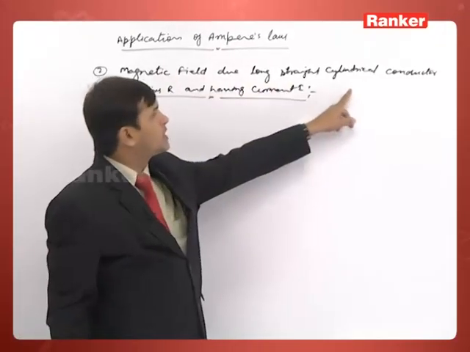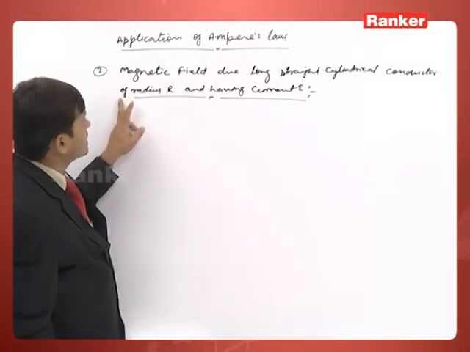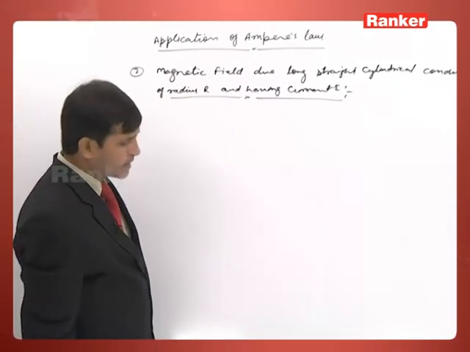Magnetic field due to long straight cylindrical conductor of radius R and having current I.